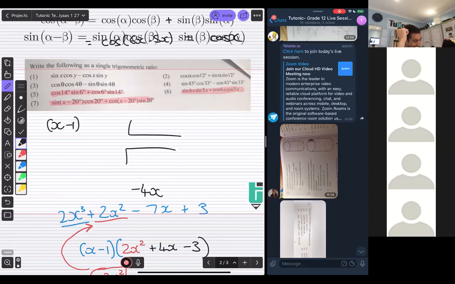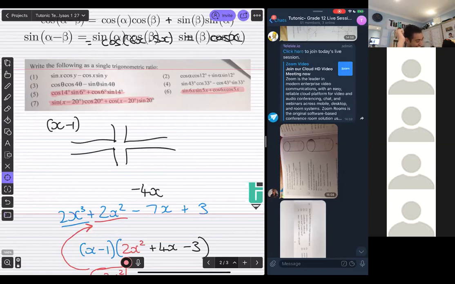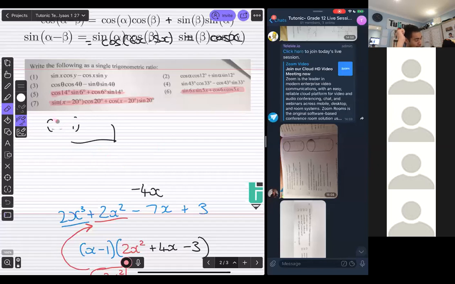The second one. The left on top. Okay, the factor was plus 1, so where do I put plus 1? On the right-hand side of the L. Not that side.